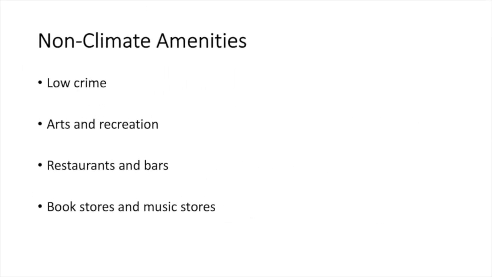Now, let's look at some non-climate amenities. If you asked 50 different people to list off their top amenities, you would probably get 50 different answers. But for our purposes, we'll look at the amenities of low crime, arts and recreation businesses, restaurants and bars, and bookstores and music stores. You might be wondering why I would count music stores as an amenity, because most people these days get their music online.